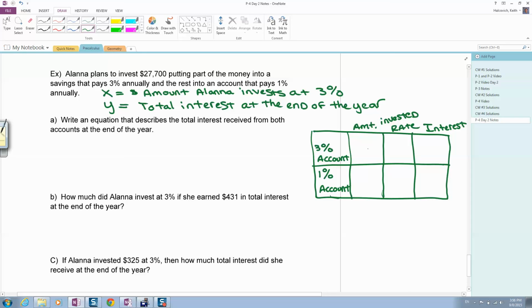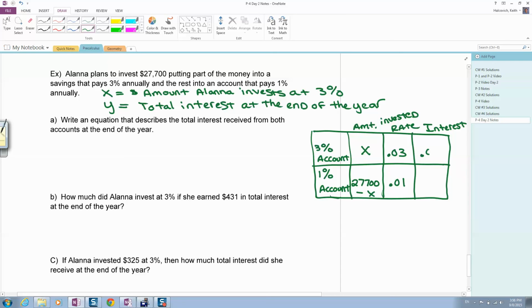So the amount invested at 3% we don't know, but we know at 1% it would be the rest, so 27,700 minus x. We know the rate here, it's 3%. Here it's 1%.